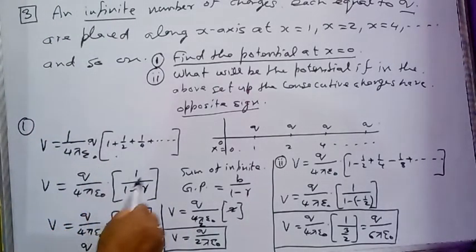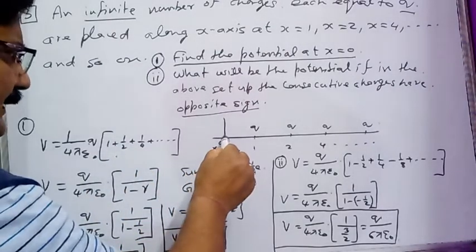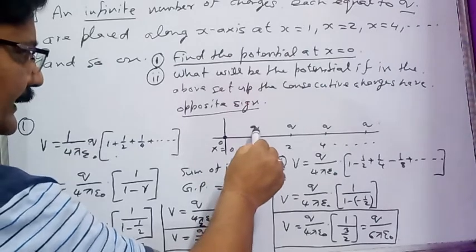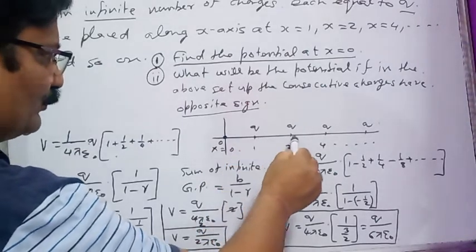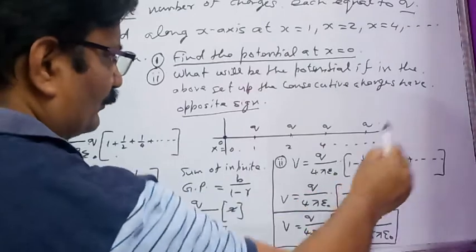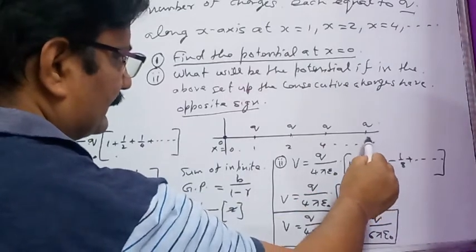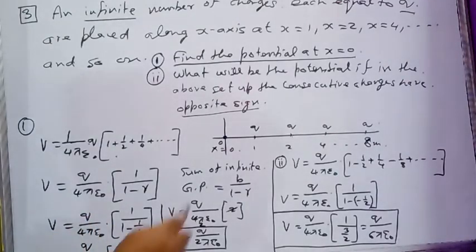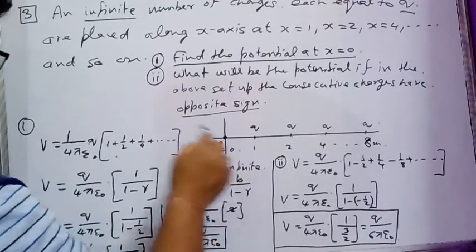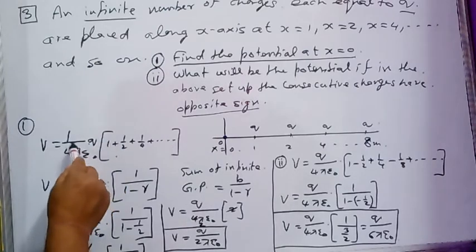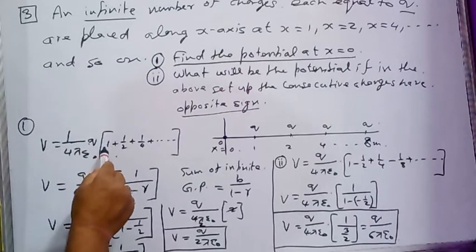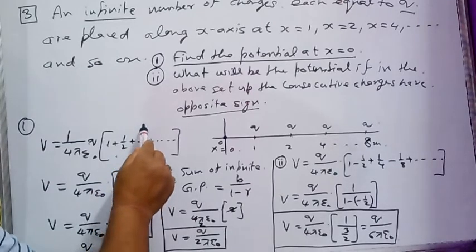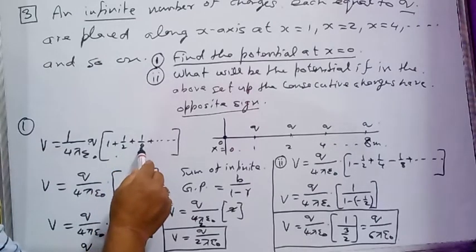By superposition principle, what is going to be the total potential at the origin, that is x equals 0. The charges q each are placed at 1 meter, 2 meter, 4 meter, 8 meter and so on along x-axis. So potential at the origin due to first charge is 1 by 4 pi epsilon naught q by 1, 1 by 4 pi epsilon naught q by 2, 1 by 4 pi epsilon naught q by 4.